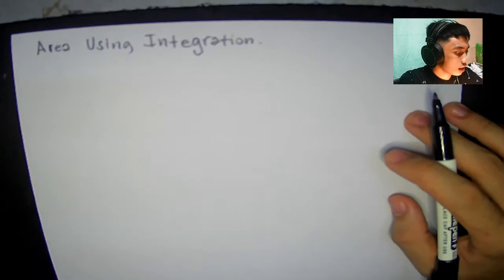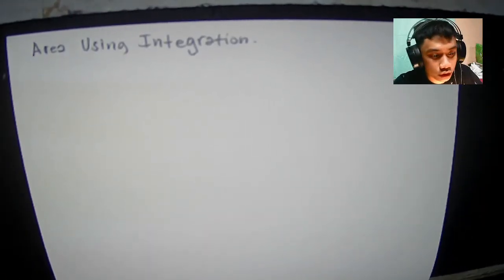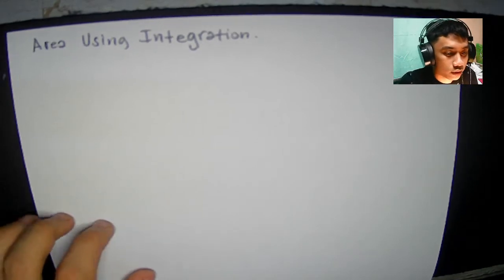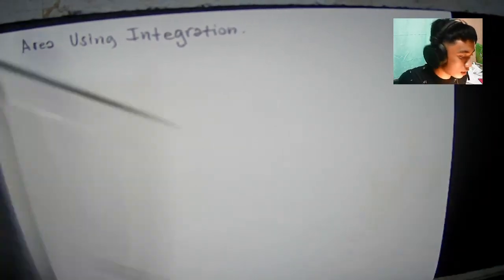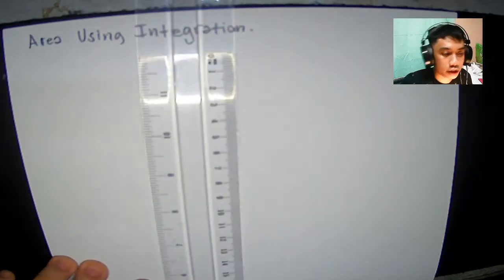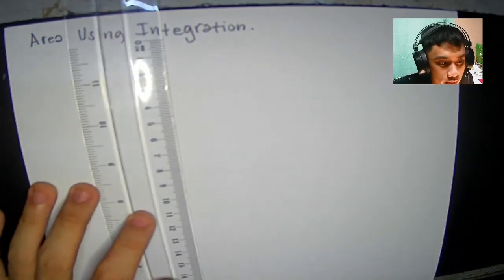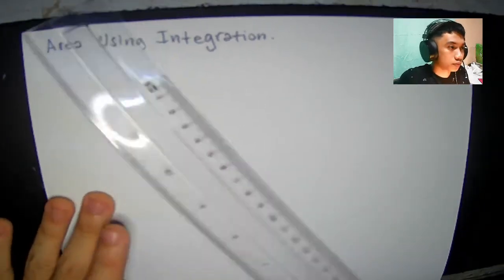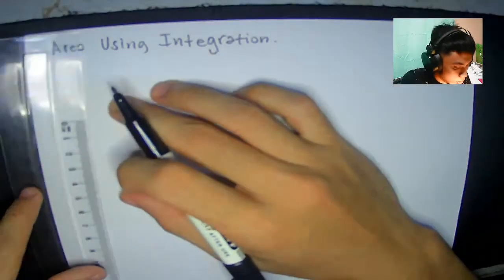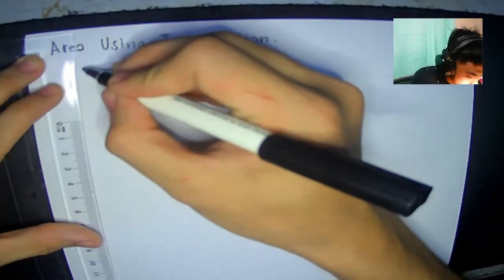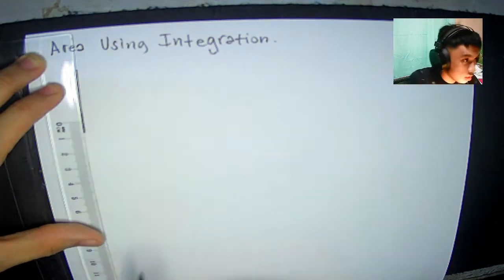So let's start. Area using integration. First, let's have an example here. Let me adjust my volume first. Okay. Let's create a function here.